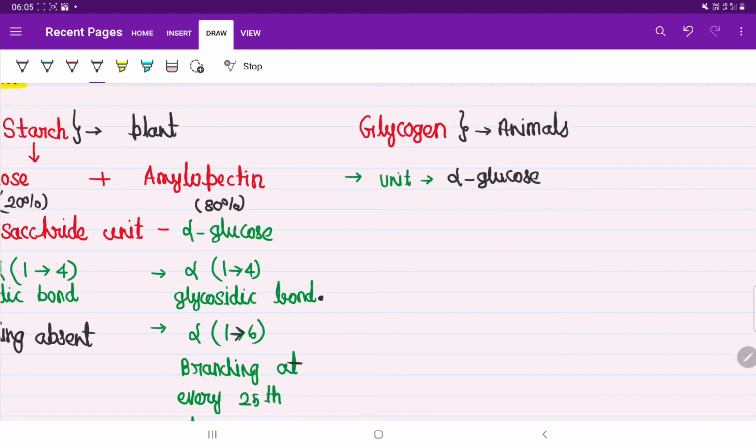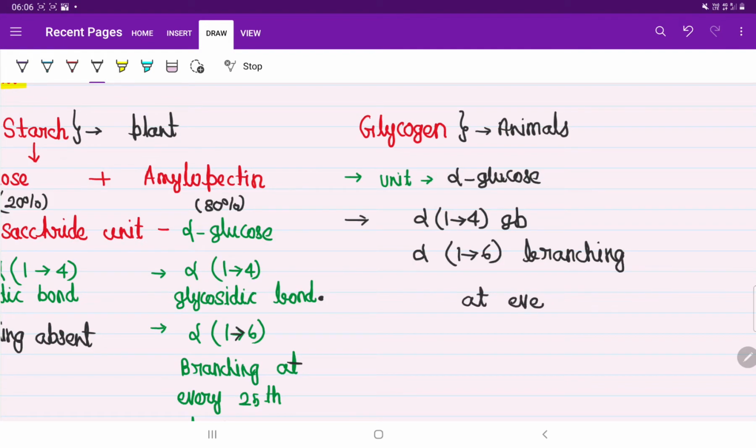Now come to glycogen. In glycogen, alpha glucose is present, right? And here alpha 1,4 glycosidic bonds are present, and then alpha 1,6 branching is also present. This alpha 1,6 glycosidic bond branching is present at every 12th glucose.